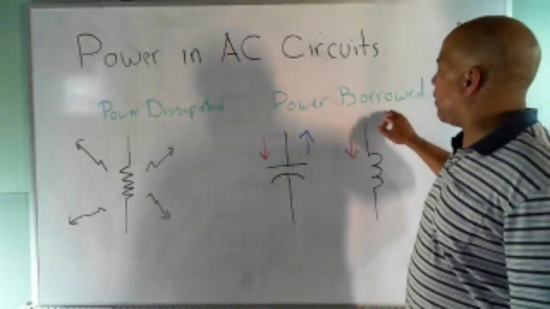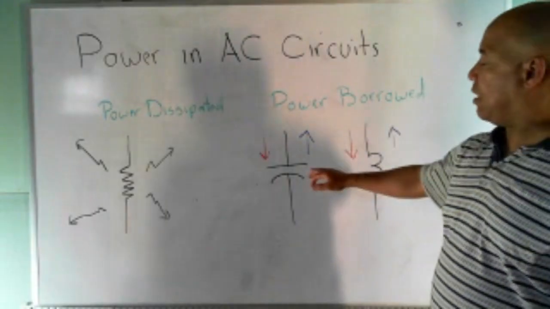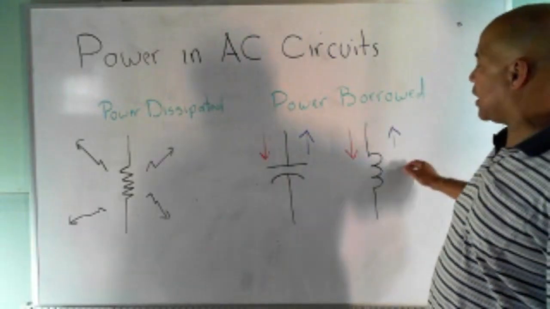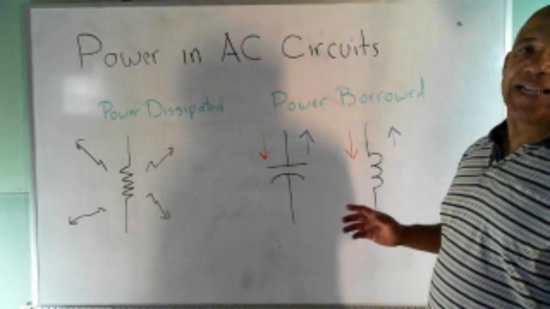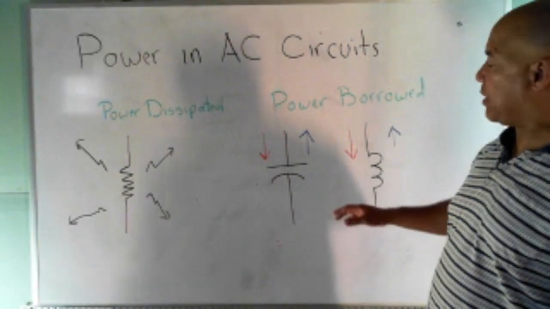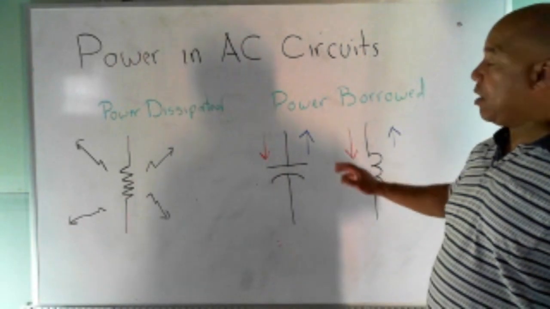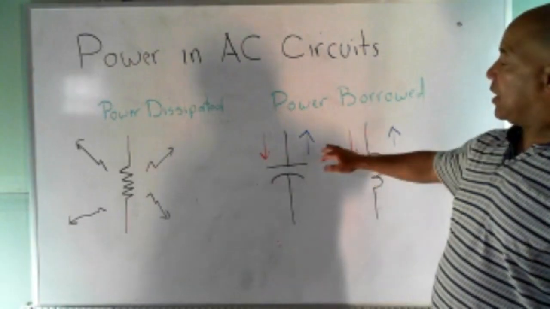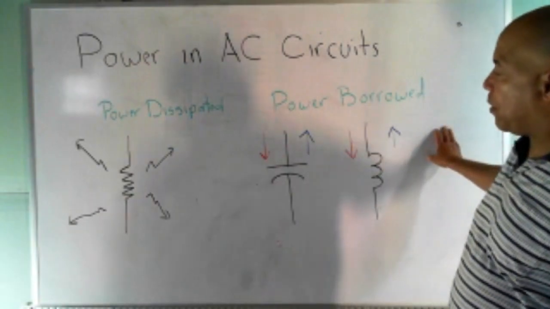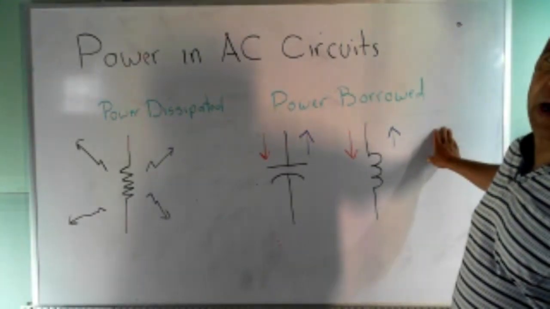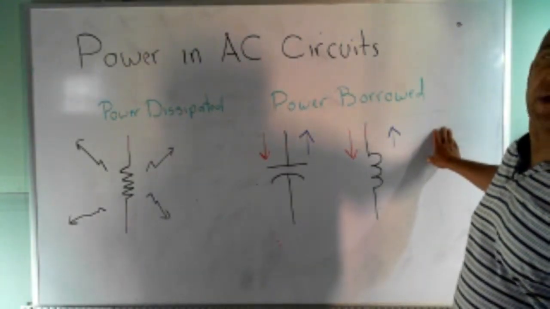If I look on the other end where I have reactive elements, either capacitive reactance or inductive reactance, if I have ideal devices, perfect devices, that means no resistance, only reactance, then both of these components can only borrow power. They cannot dissipate power. They cannot take the energy and convert it to heat.